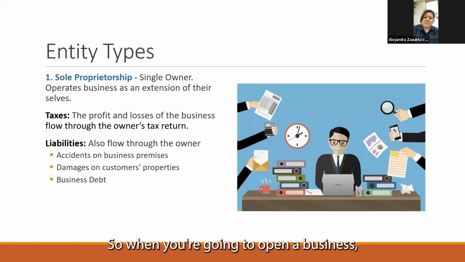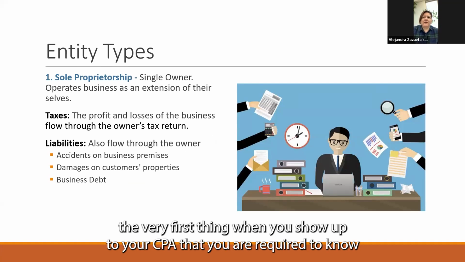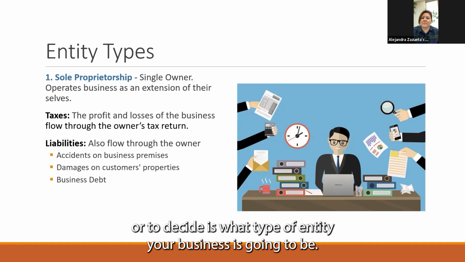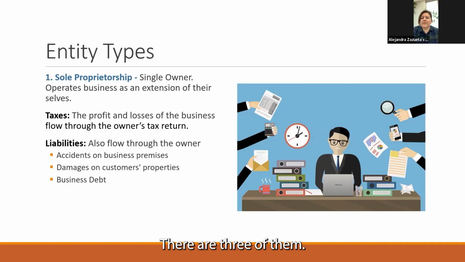When you're going to open a business, the very first thing when you show up to your CPA that you are required to know or to decide is what type of entity your business is going to be. There are three of them. The first one is a sole proprietorship. I have a hard time with that word.